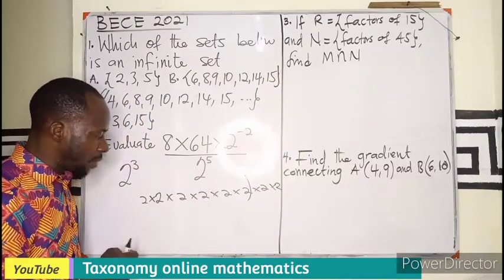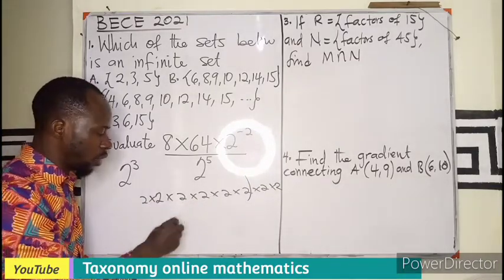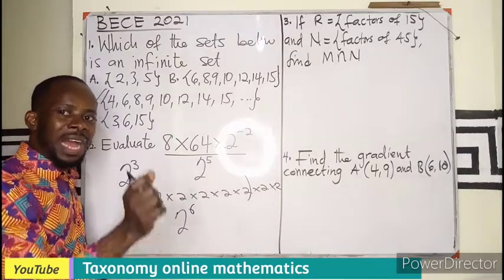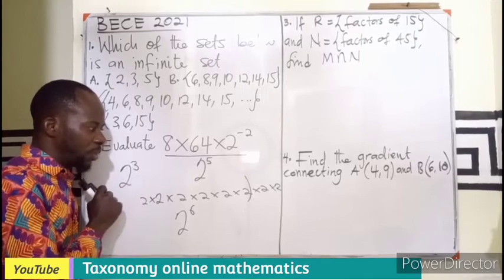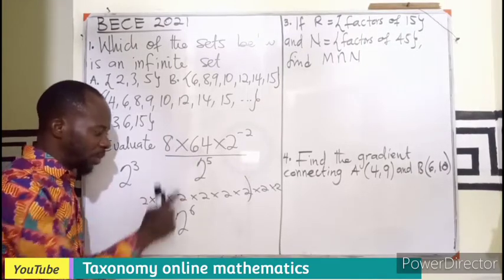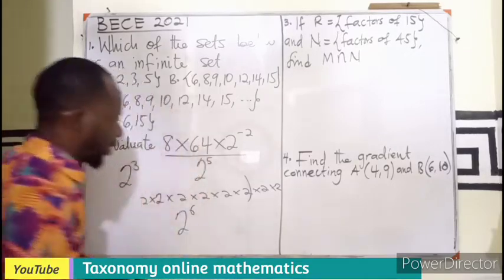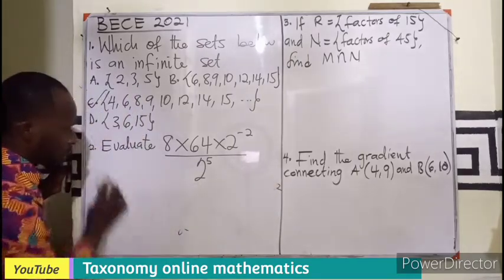So counting 1, 2, 3, 4, 5, 6, it means 2 is going to multiply itself 6 times to give us 64. So 8 will be replaced with 2 exponent 3, and 64 will be replaced by 2 exponent 6. Then we can check what the evaluation will be.